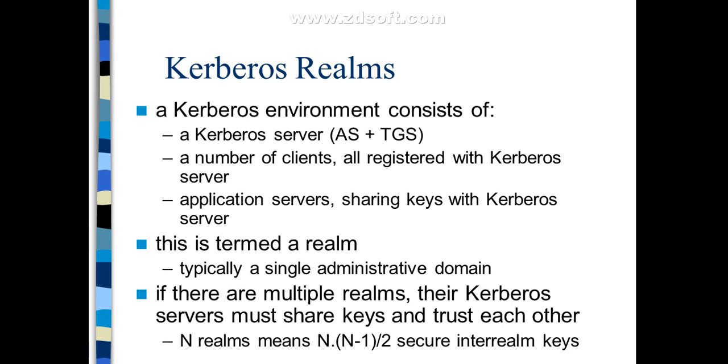Kerberos is, you can say, a college. Kerberos has two logical parts, AS and TGS. AS we can map to the admission section, and TGS we can map to the department.